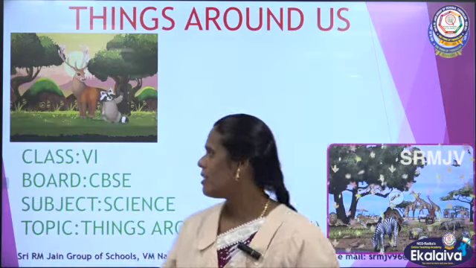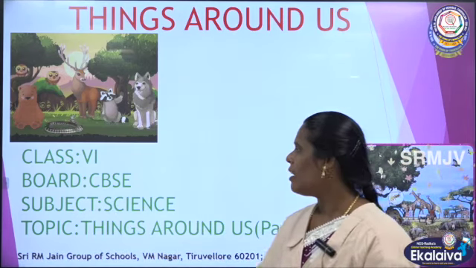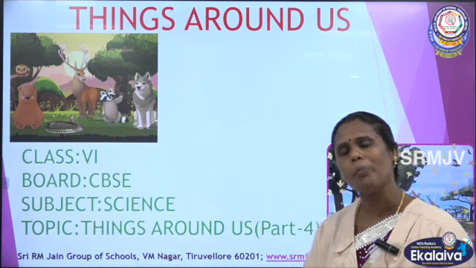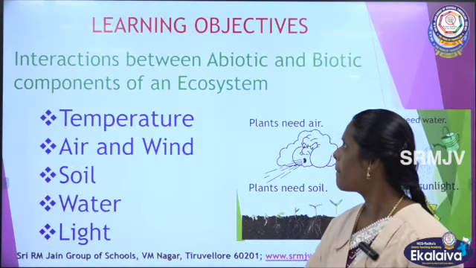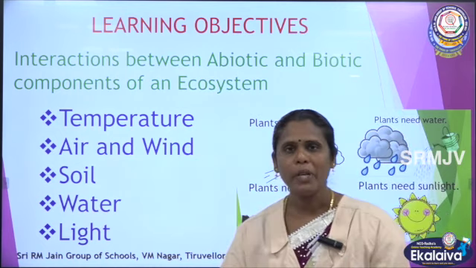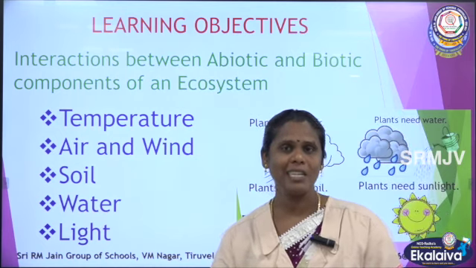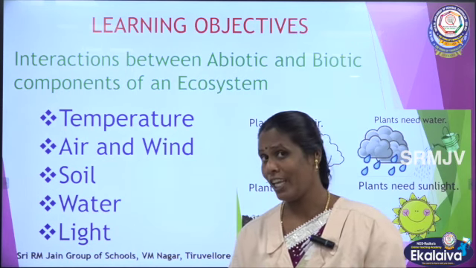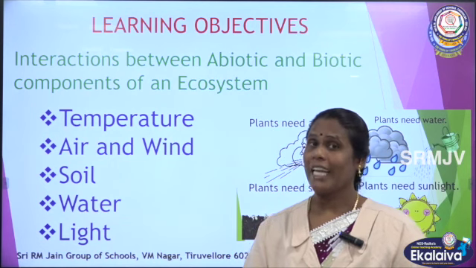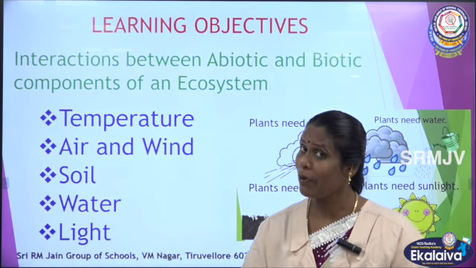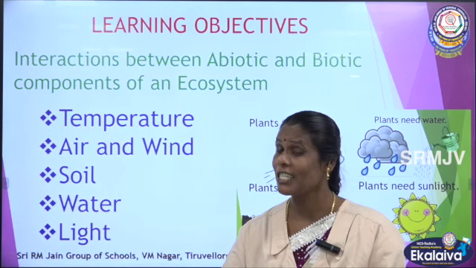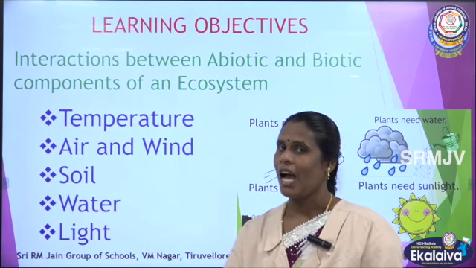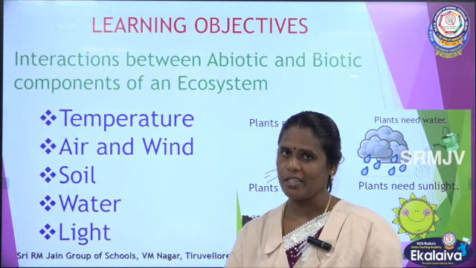Class 6th, Board CBSE, Subject Science, Topic Things Around Us, Part 4. In the previous part, we discussed the ecosystem, abiotic and biotic components, interactions between biotic components of an ecosystem and flow of nutrients.